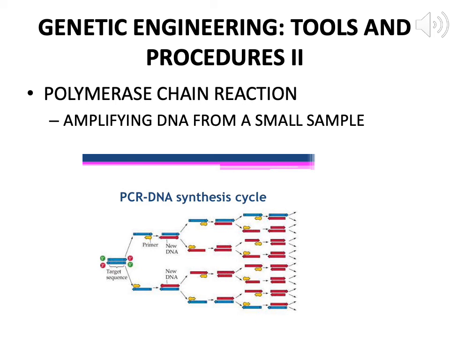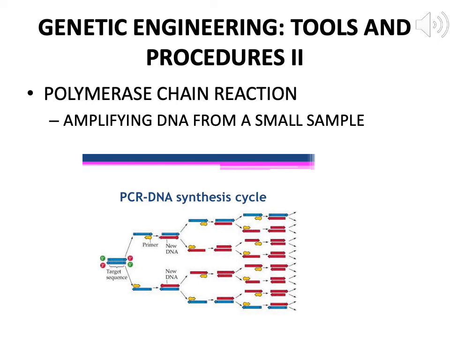Somehow we need to be able to create copies of that and amplify it, make more of it. So if I'm starting with a microgram of DNA, well, maybe I can get a full gram or even a half a gram, and that might make it worth my while. So this thing called the polymerase chain reaction is a process where you start with one teeny tiny sample of DNA. You'll see it illustrated in the picture there on the left.